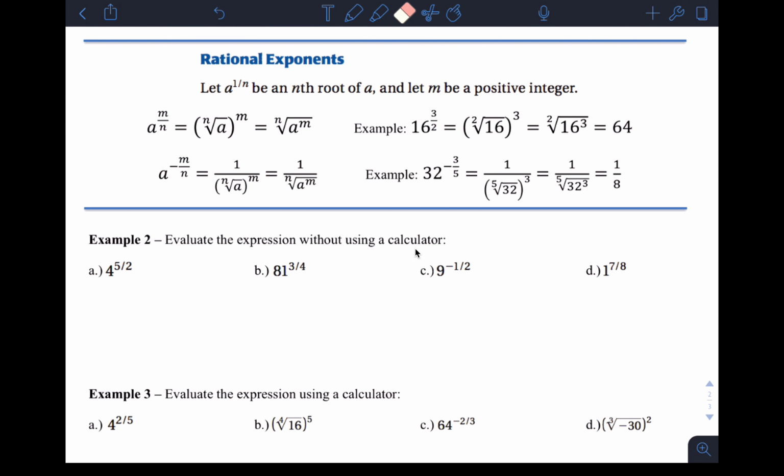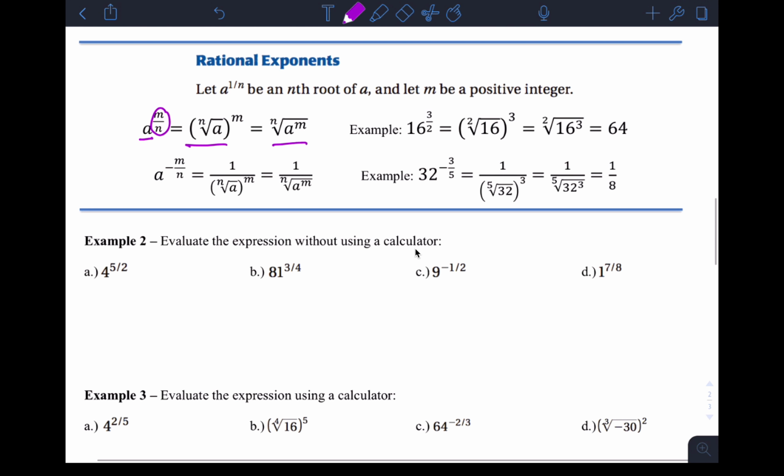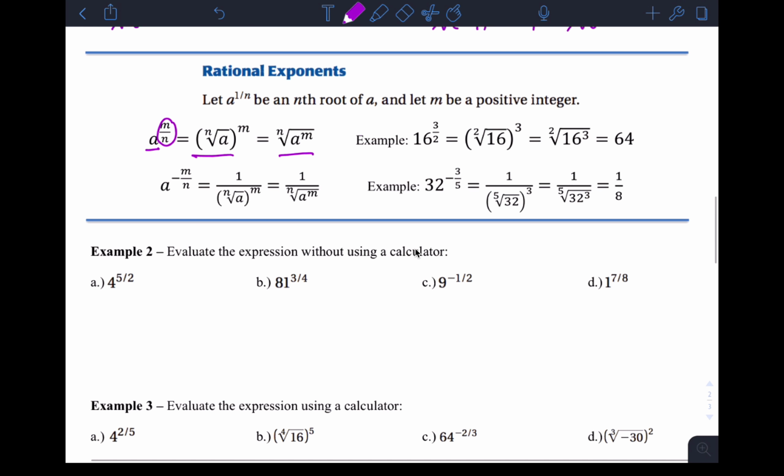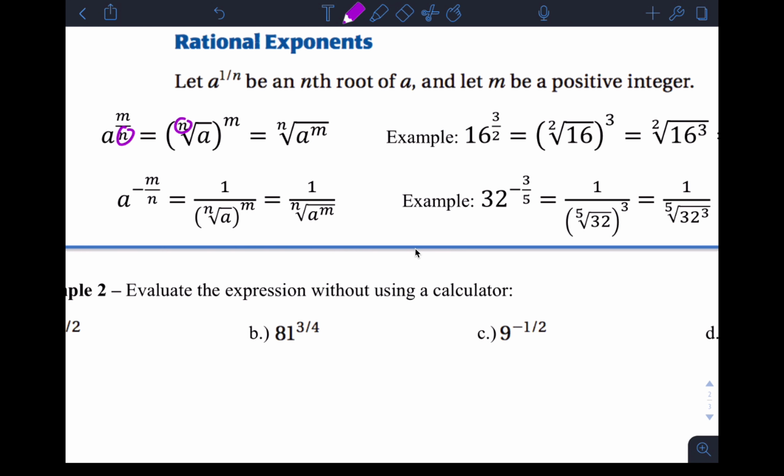So what they're saying here is just a more general term. If I have a to the m over n, then there are 2 ways that you can choose to make this look. You can think of it as taking the nth root, this is the denominator, taking the nth root of a, and then raising it to the mth power.